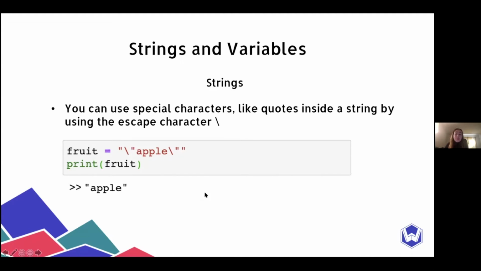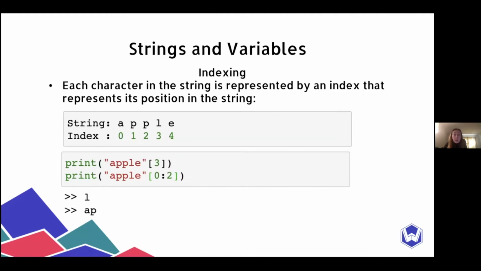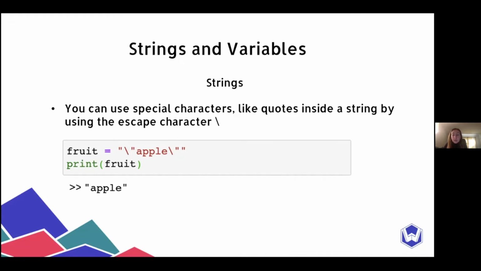Sometimes you want to use a quotation mark that you defined your string with as part of that string. And you can't simply use that exact quote in the string, as it will cause Python to interpret it differently syntactically. So in order to use a double quote in a string that we have defined in double quotes, we use what's called an escape character.